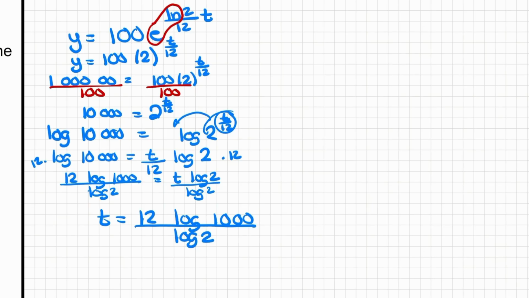And we can go ahead and just put this in our calculator. These are all just numbers. So t, our time, will be approximately 159.45 minutes. That's how long it's going to take for these bacteria to go from 100 bacteria to 1 million.